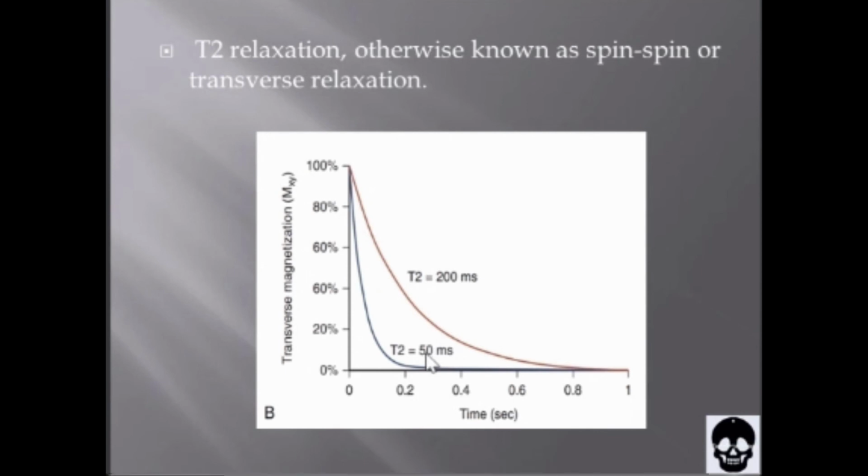Like T1, different tissues have different T2 values depending on the makeup of the tissue. Small disturbances in the local magnetic field of the tissue can cause rapid T2 decay, as well as differences in the chemical environments. In a broad sense, T2 provides information about how fluid-like the tissue is. Solid tissues have shorter T2 values, whereas pure liquid water has a very long T2 value.